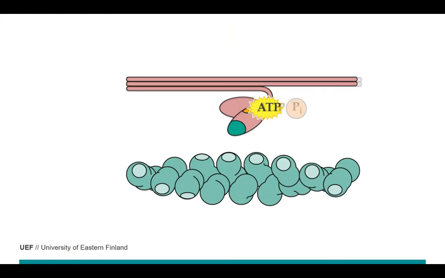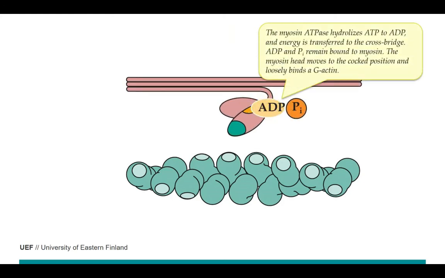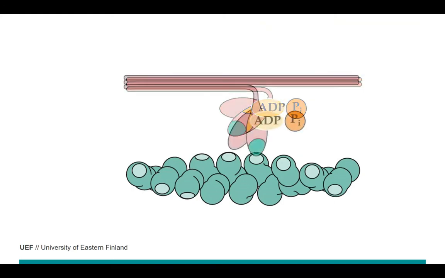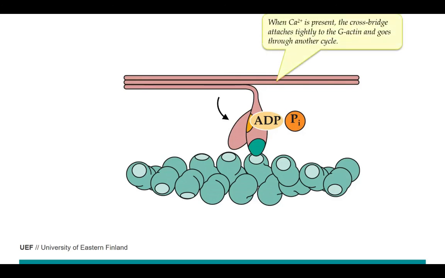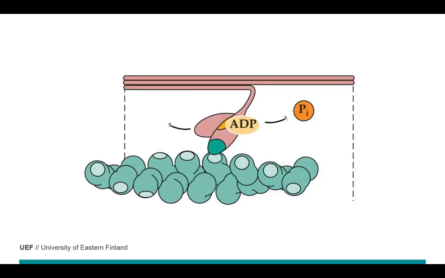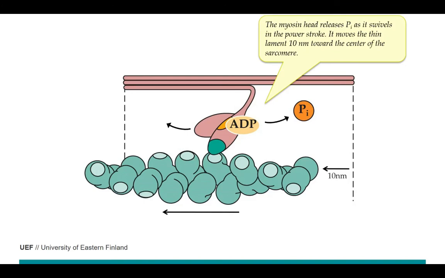But at the same time, this myosin ATPase activity will hydrolyze ATP, and this energy is used to turn again this head group. And if there is calcium available, this cross bridge will be formed, after which the phosphate will be released and the filament is moved by 10 nanometers.